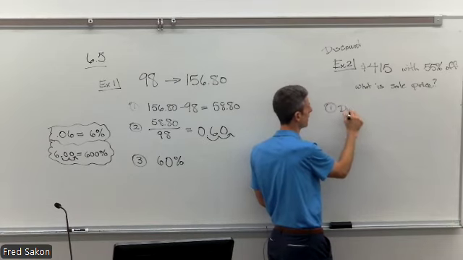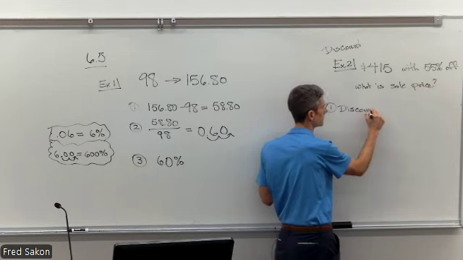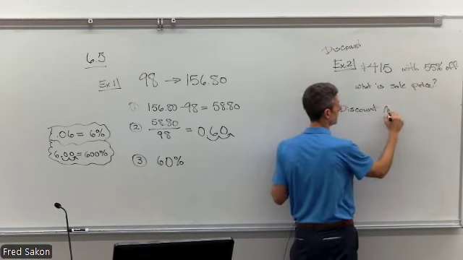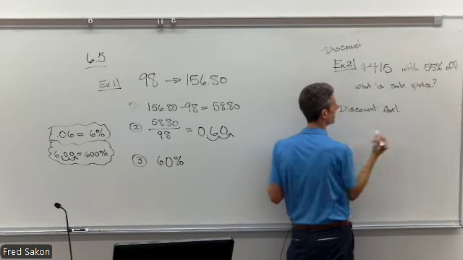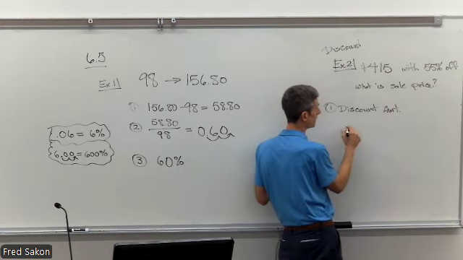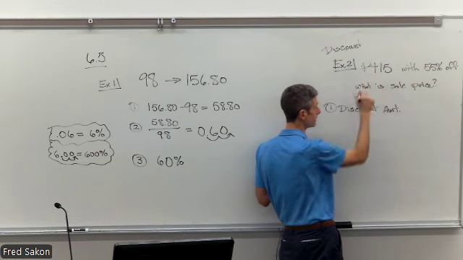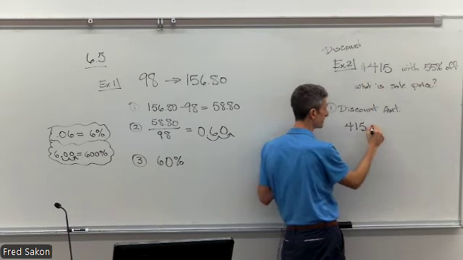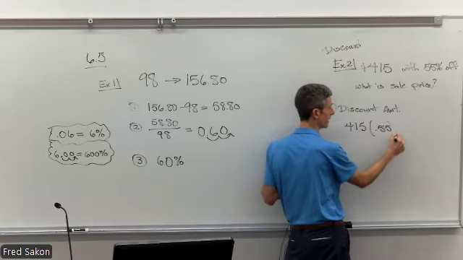Very good thinking. Let's formalize that into a couple of steps. Let's look at the discount amount itself. How can we figure that? 55% of this, that's 415 times the decimal form of 55%.